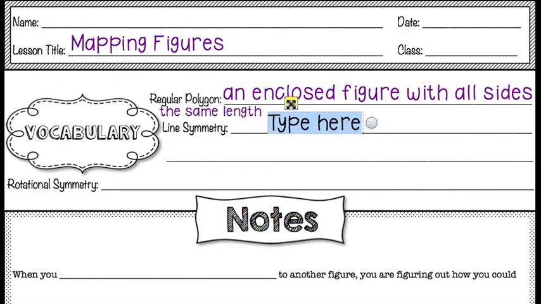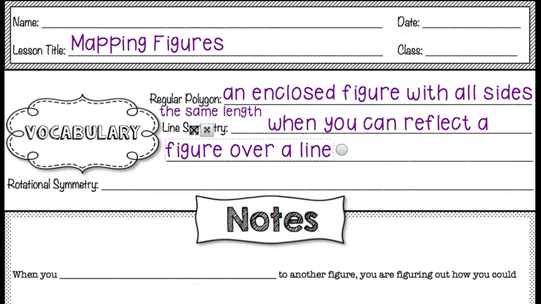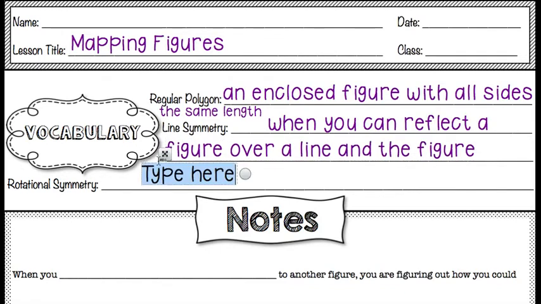Line symmetry is when you can reflect a figure over a line and the figure appears unchanged.